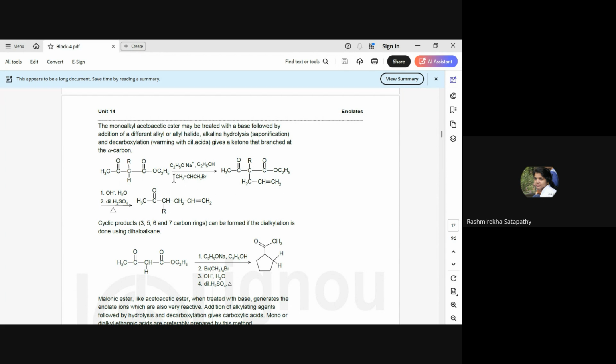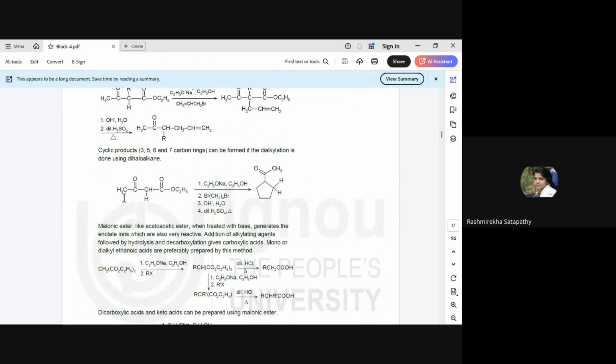Then this bromo compound is attached here. Upon hydrolysis, the ester group is converted to the acid group, and then on heating the CO2 group will be gone and the product will be CH3CO CH2 double bond CH2.